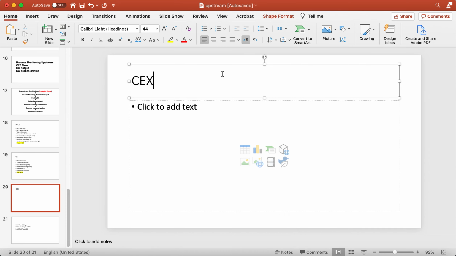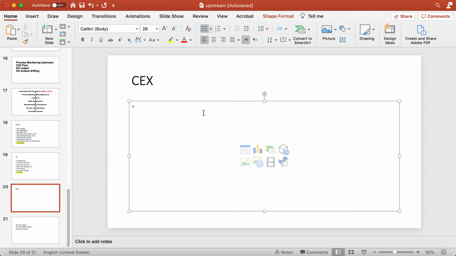The next step is CEX, and they start off with the loading conditioning factor, and in the conditioning, oh yeah, that's important.